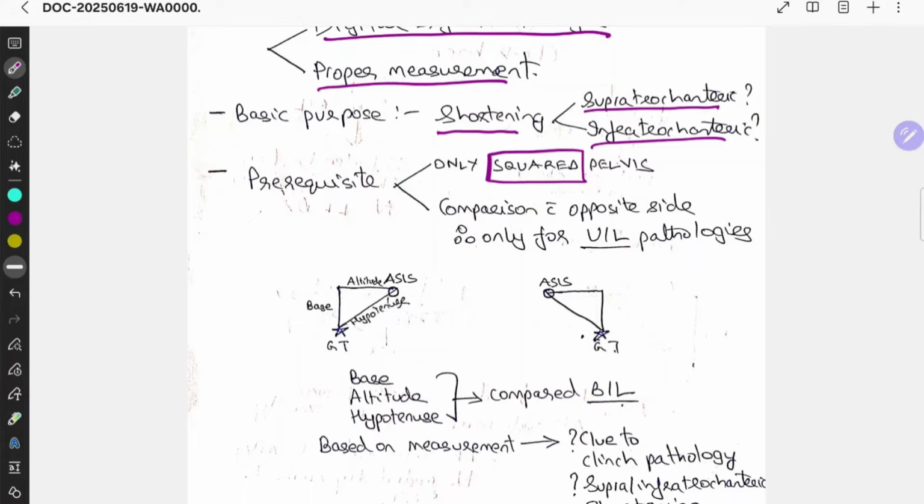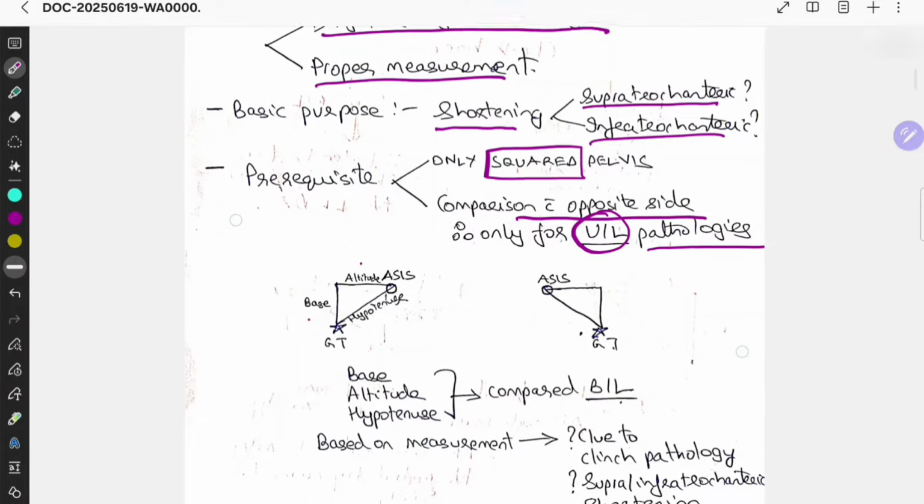So the other side has to be normal in order to get to know whether the affected side is having shortening of the base, shortening of the altitude, or it is the same. So it is only applicable for unilateral pathologies. Why? Because you have to make Bryant's triangle on both the hips and then you compare with the opposite side to get to know if there is any pathology.